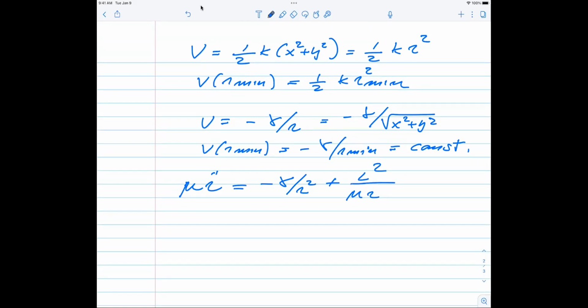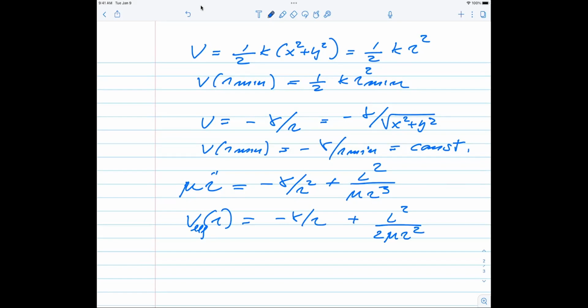So this is this centrifugal barrier. And we started with a potential now, which is V of R. And this is this effective potential. And this is minus gamma divided by R plus L squared divided by 2 mu R squared.